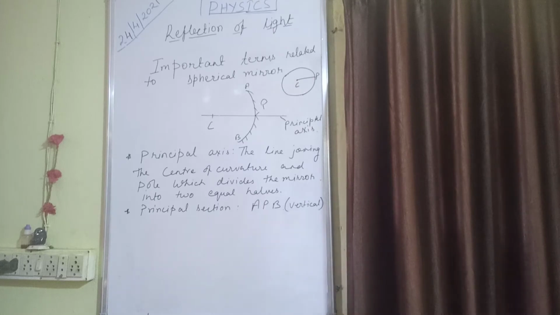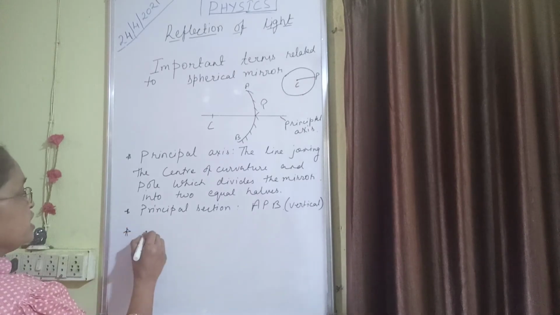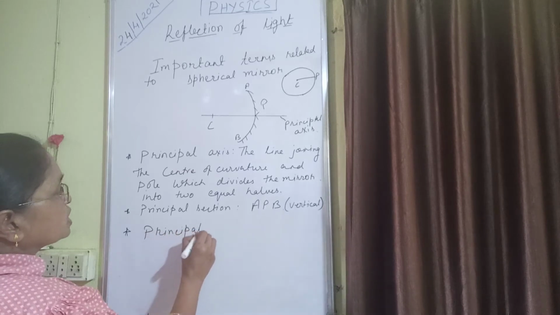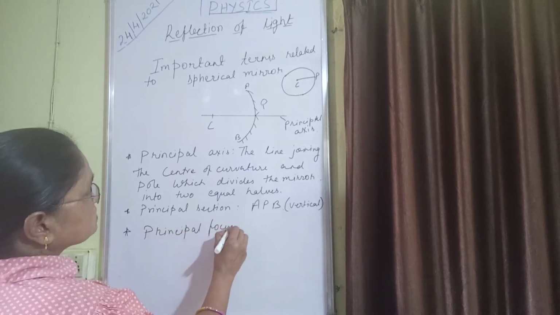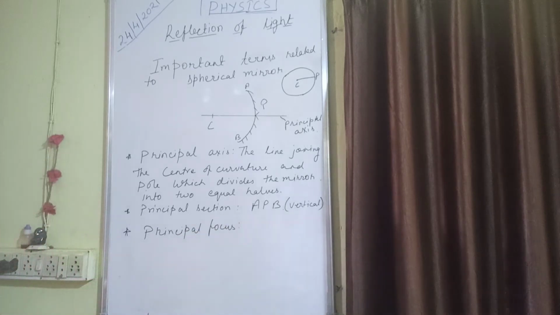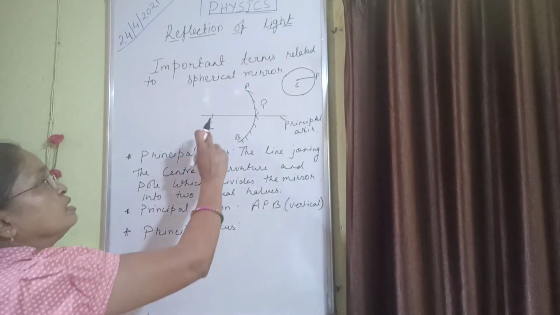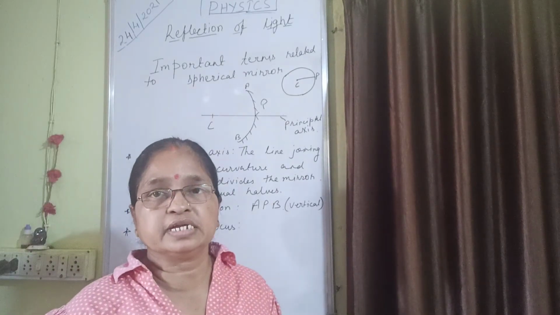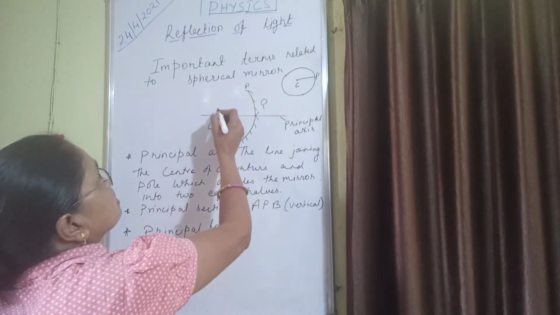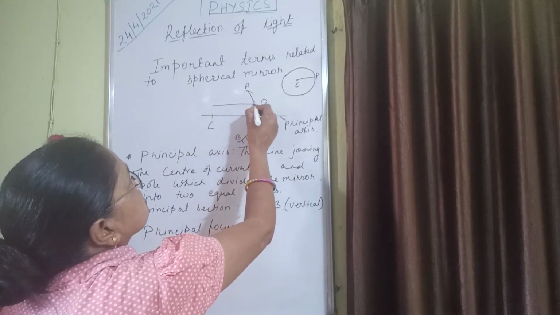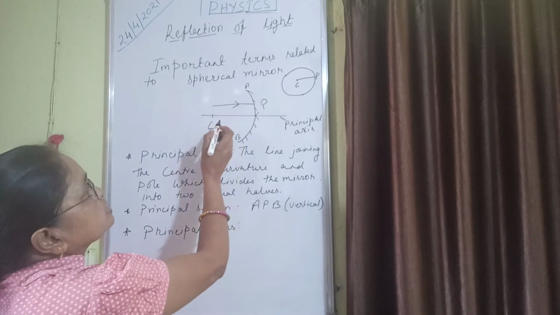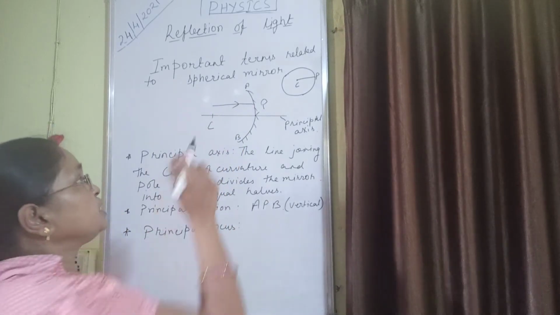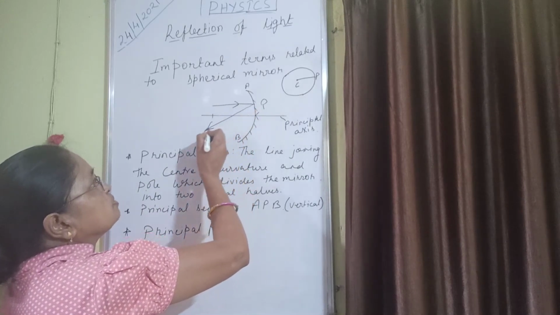Next to come is principal focus, most important, try to understand. For this, I will make you understand something. Here, if a ray of light is coming parallel to the principal axis, any ray of light which is parallel to the principal axis, after reflection, it meets at a point on the principal axis.